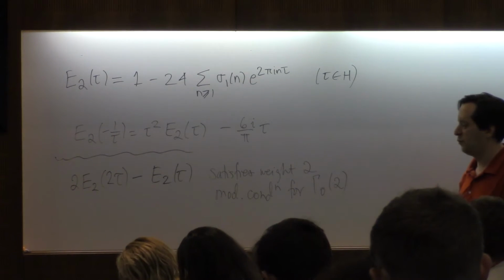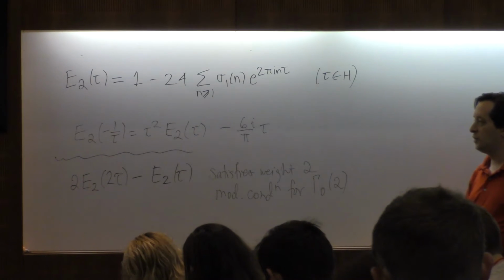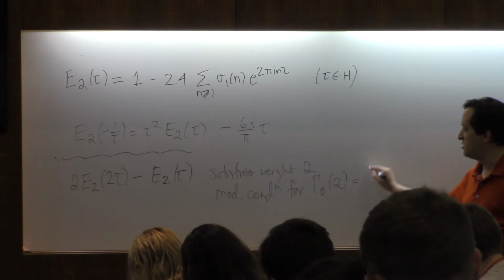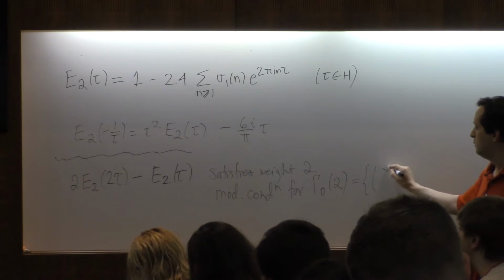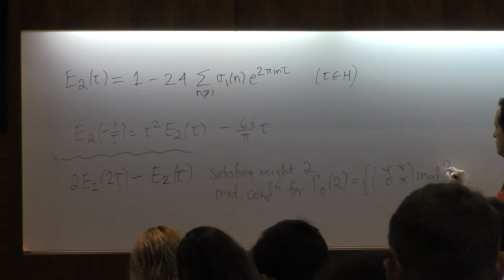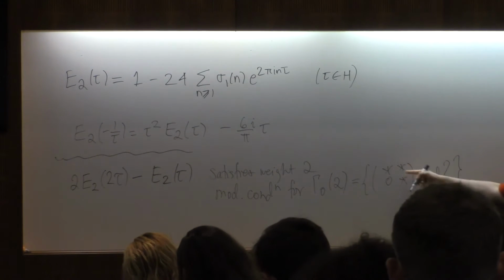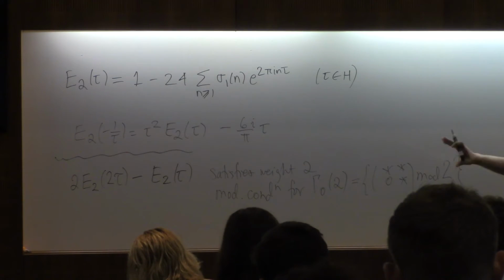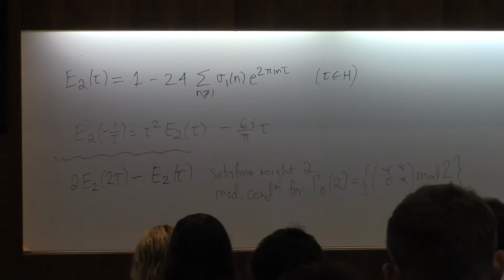It does not transform in the way you would like for minus 1 over tau, but for all the matrices, I'll just write shorthand, the SL2Z matrices that look like something, something, 0, something, mod 2, these ones it transforms nicely under the weight 2 transformation law.